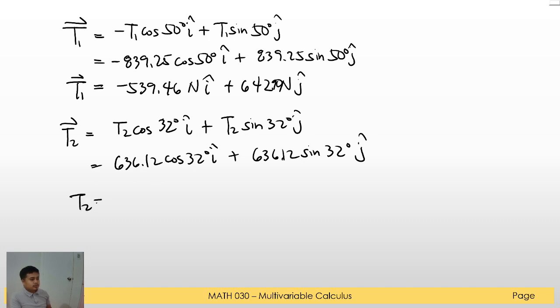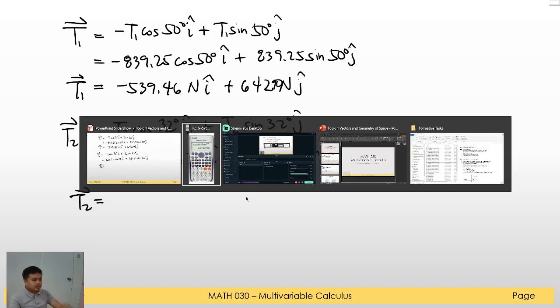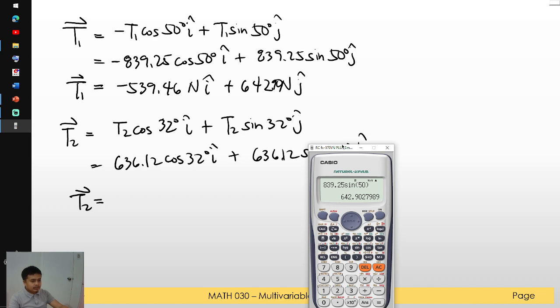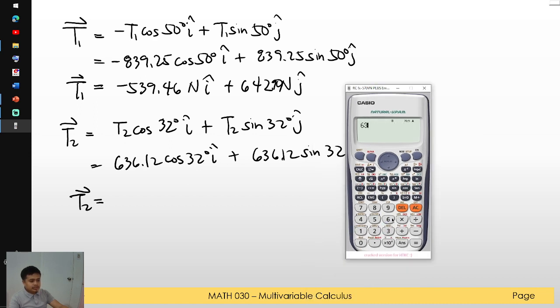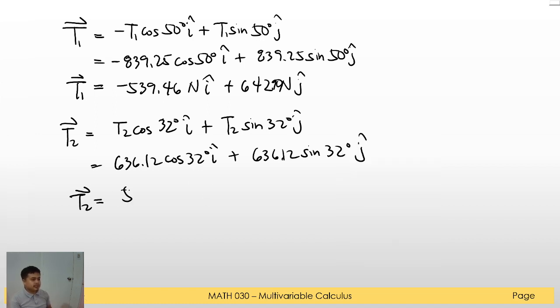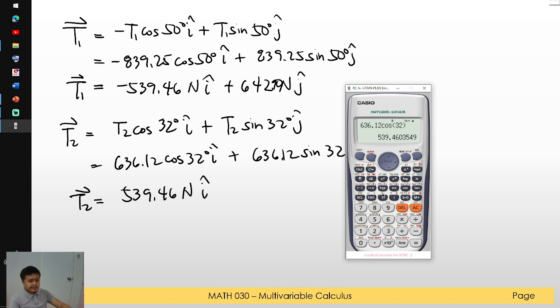So T2 will be equal to 636.12 cosine 32, that will be 539.46 newtons I hat.